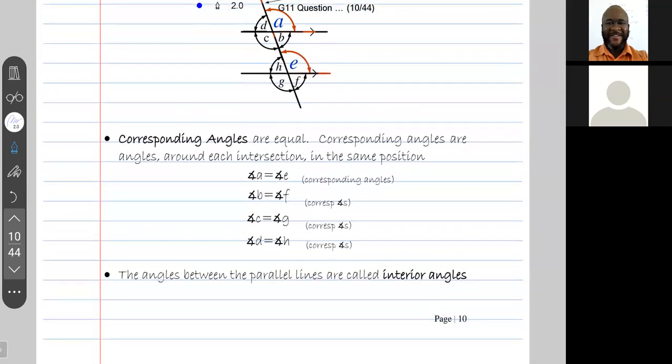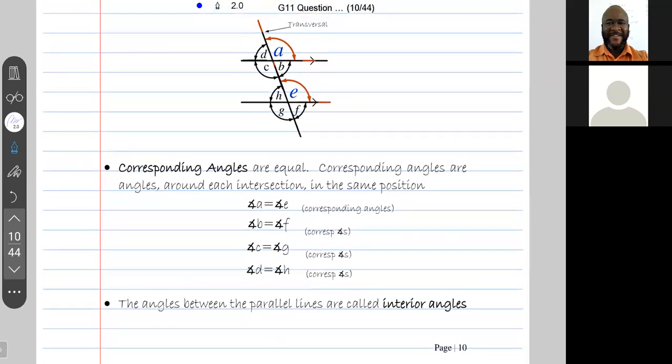Guys, the angles between the parallel lines are called interior angles. Looking at our diagram, B, C, E, and H are interior angles. You have the interior angles to the right of the transversal and the interior angles to the left of the transversal.